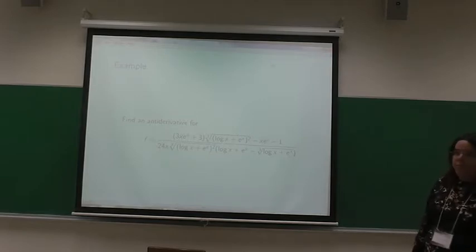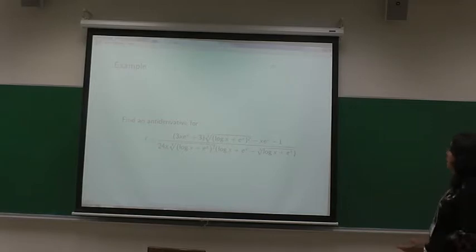So we start with this motivational example. If you want to find an antiderivative for this function, and you feed it to Mathematica, you get this output. It says no result found in terms of standard mathematical functions.